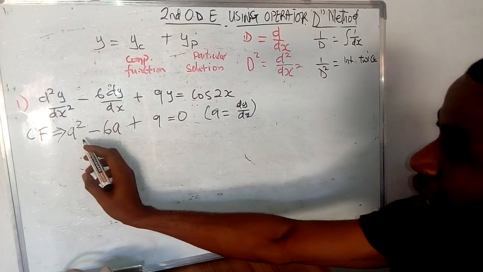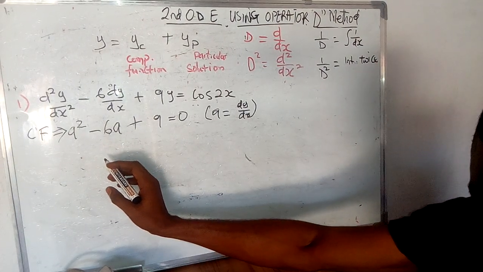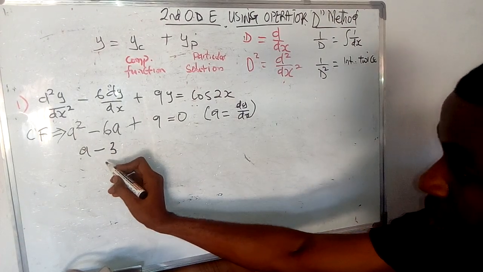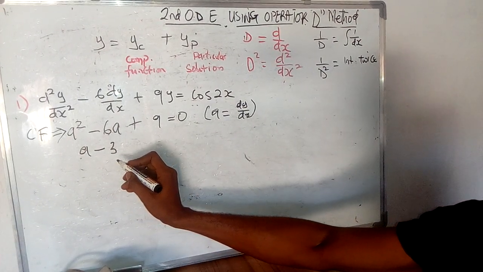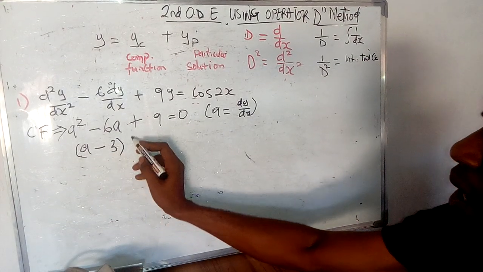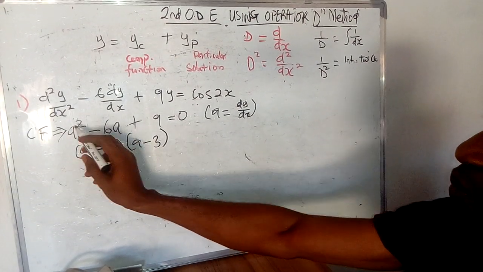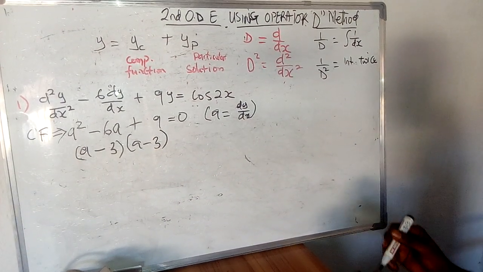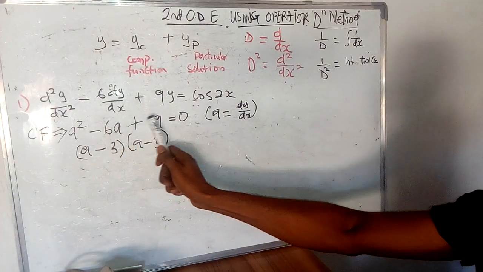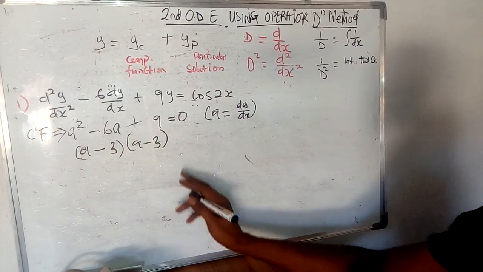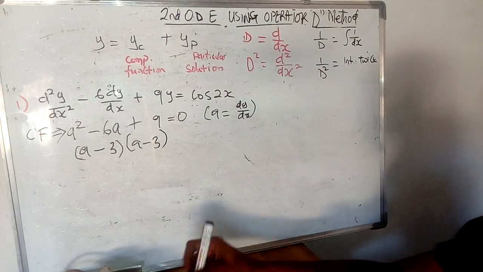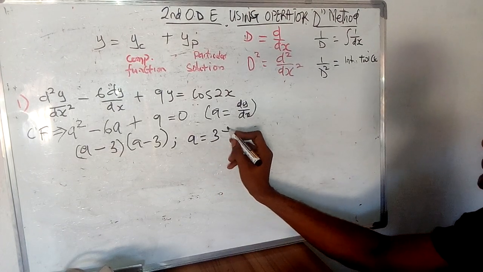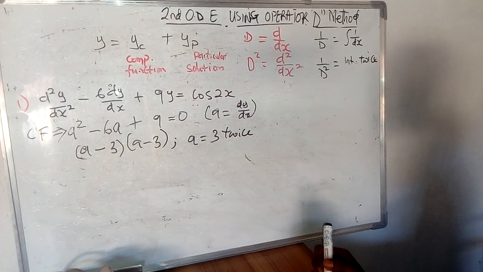So quickly, if we factorize this quadratic equation, a squared minus 6a plus 9 equals 0, we have a minus 3 and a minus 3. This implies that a equals 3 twice.